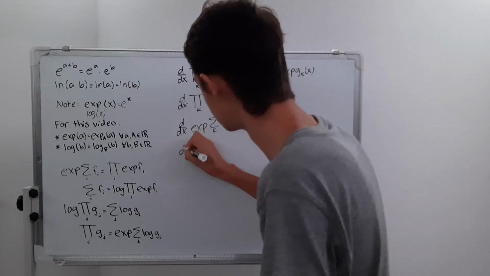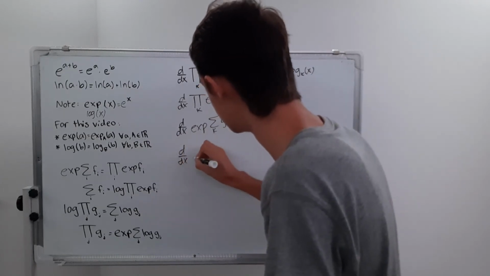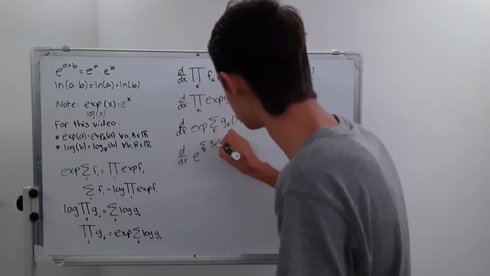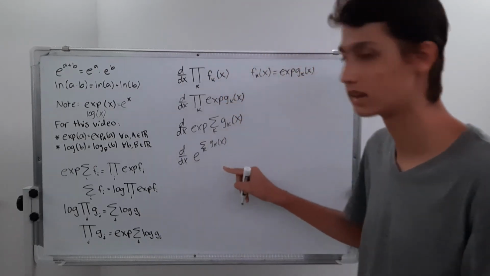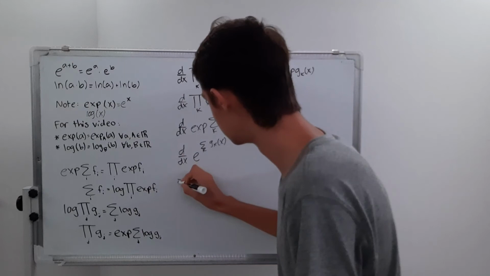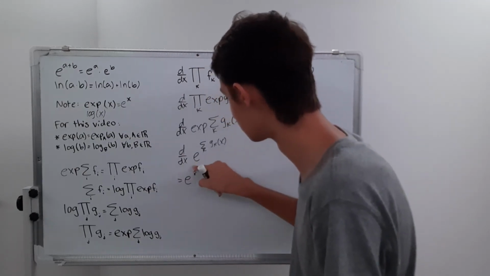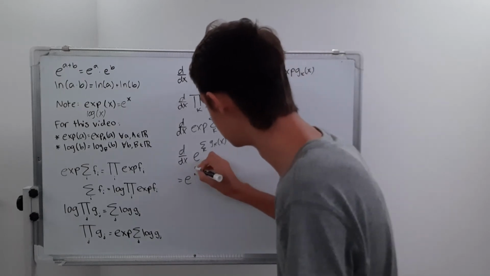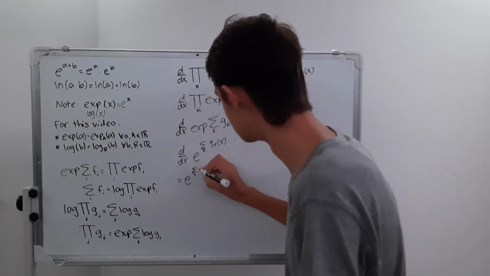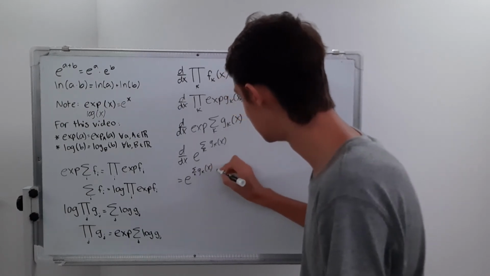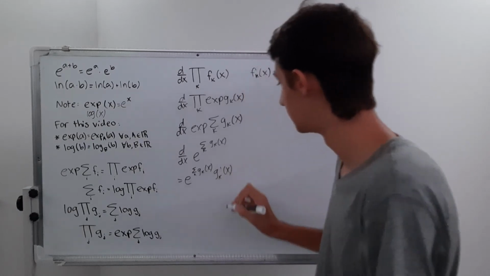We can take the derivative of e to this sum over k of g sub k of x. And this is going to be equal to e to that sum with respect to k. That's a terrible sigma, I'm sorry. Looks like a hangman, I guess. Of g sub k of x times g sub k prime of x.